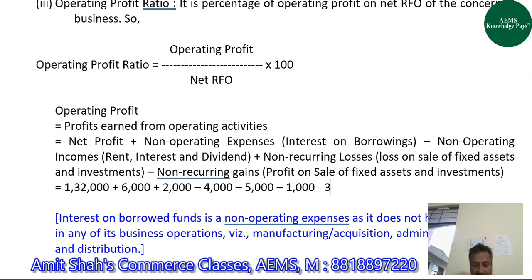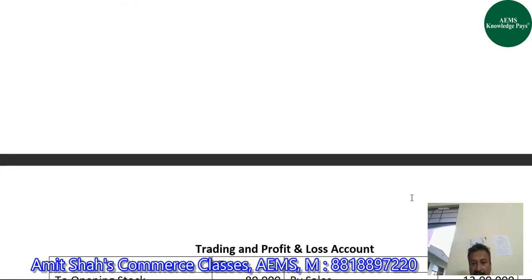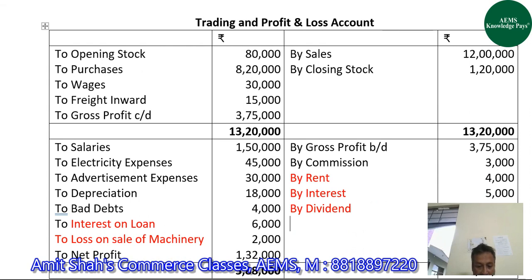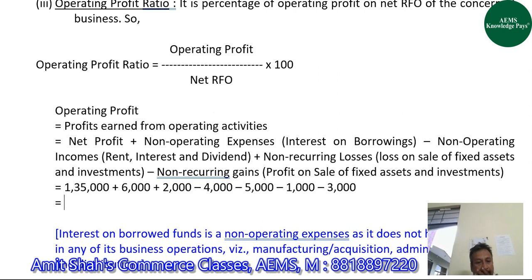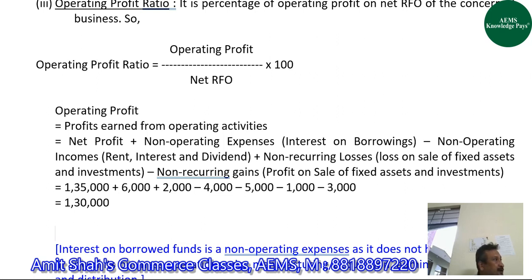I'm taking one more item here that is 3,000, the profit on sale of building 3,000. So now the net profit would be 135. So our operating profit would be 141, 143, 139, 134, 133 and 1,30,000. Am I clear guys or not?